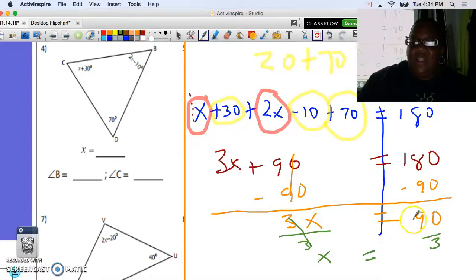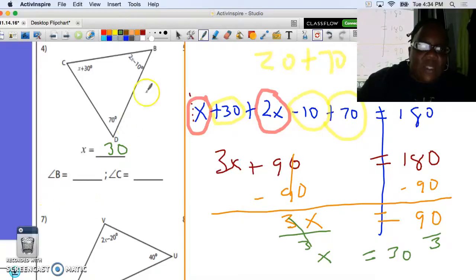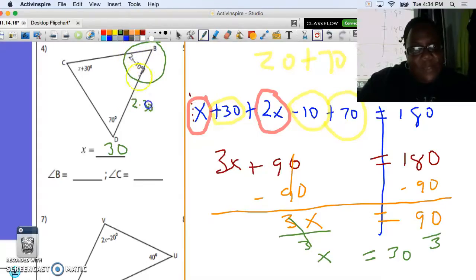So 3 goes into 90 30 times, right? Okay. So my x is going to be 30. So I put that here. And angle B. Okay, now I'm going to solve for angle B, which is this. So that's 2 times x, which is 30. 2 times 30 minus 10.